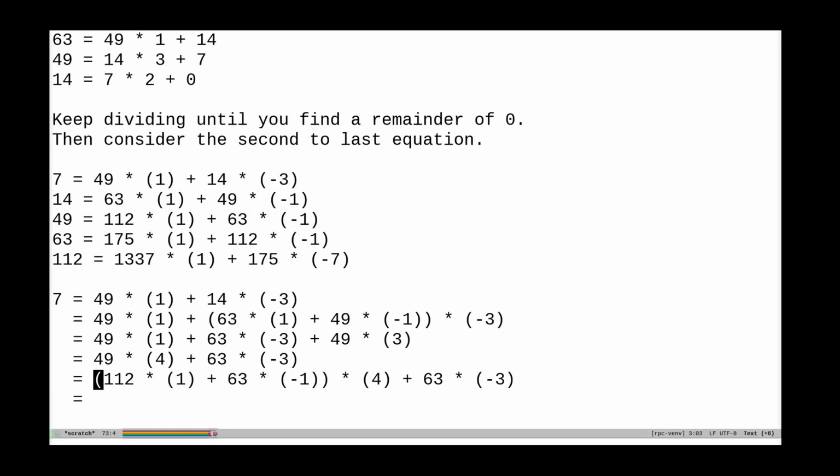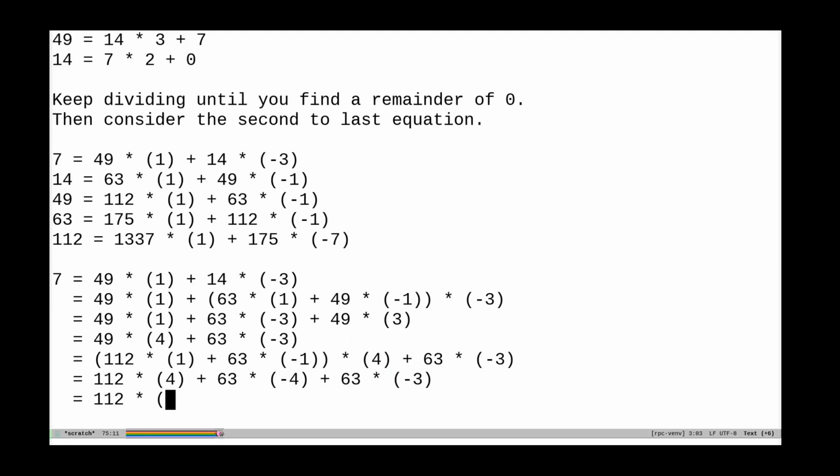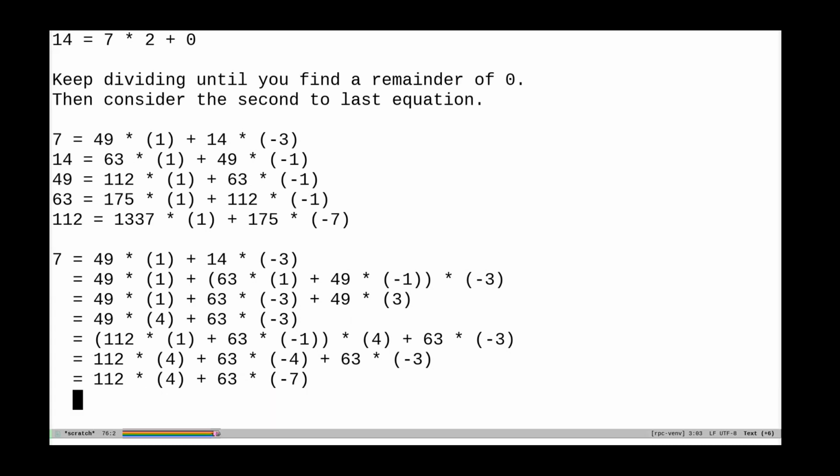So I have 112 times 1 times 4, so that's times 4, plus 63 times 1 times minus 1 times 4, so that's 63 times minus 4, plus 63 times minus 3. I rearrange, I just write the 112, and I combine together the 63. So that's minus 7, because it's minus 4 plus minus 3.